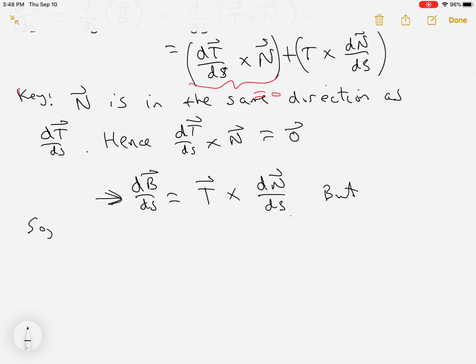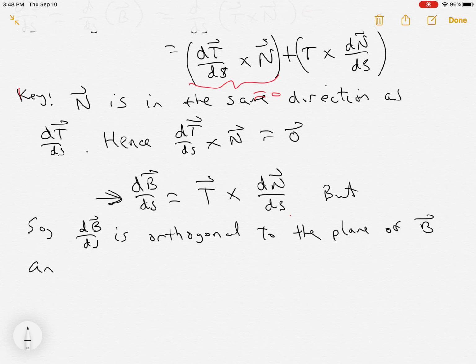So dB/ds is orthogonal to the plane of B and T, which is called the rectifying plane.